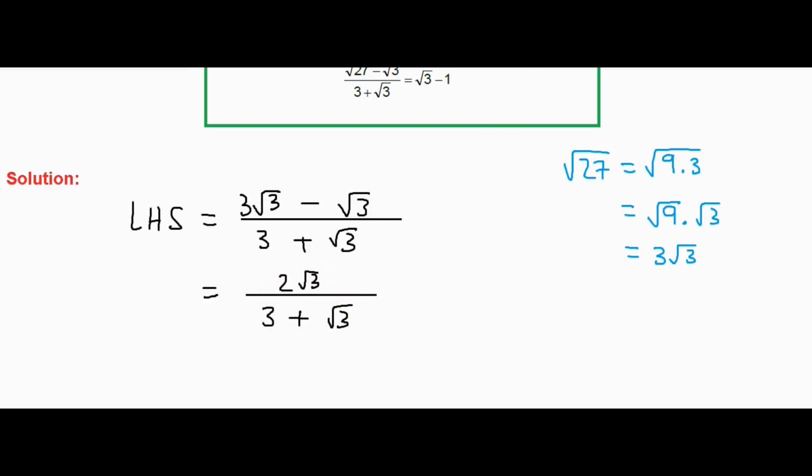Now we can rationalize the denominator. So we can multiply both the numerator and the denominator by 3 minus root 3. When we multiply out the denominators here, we're going to get a difference of squares, which is what we want.